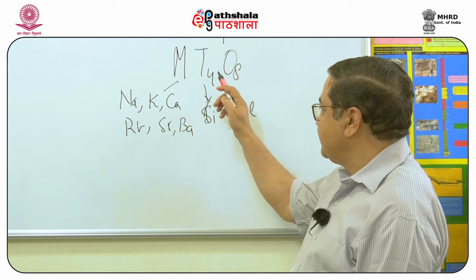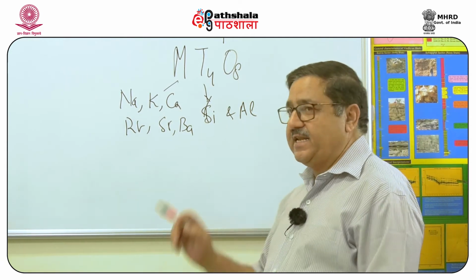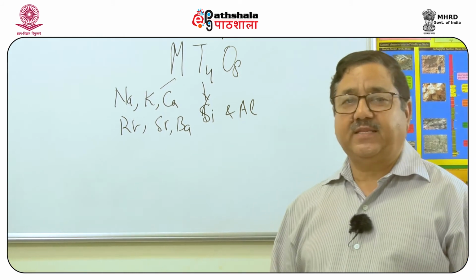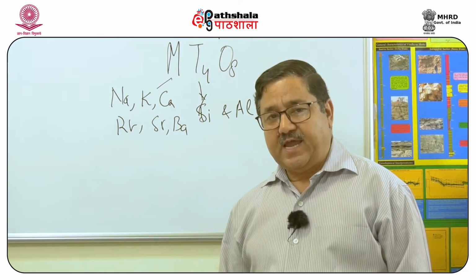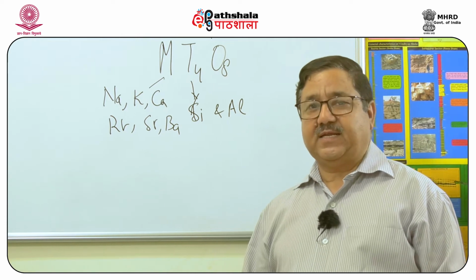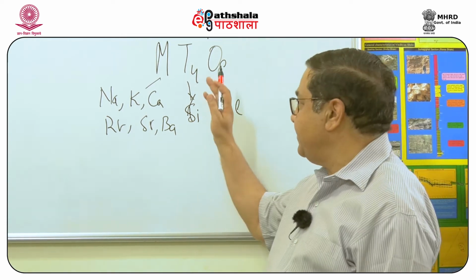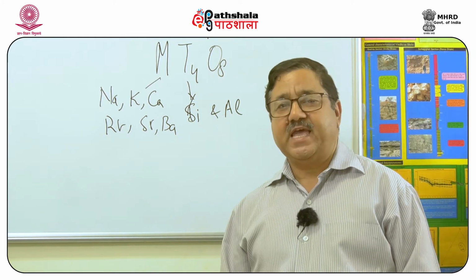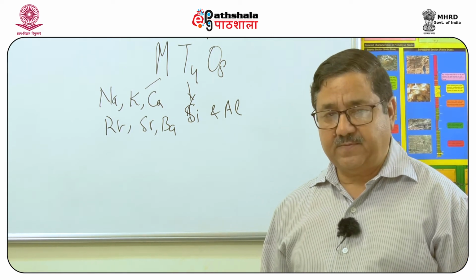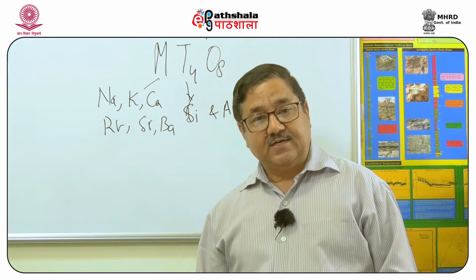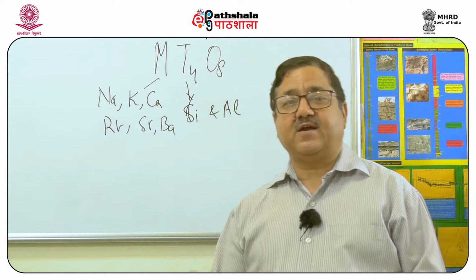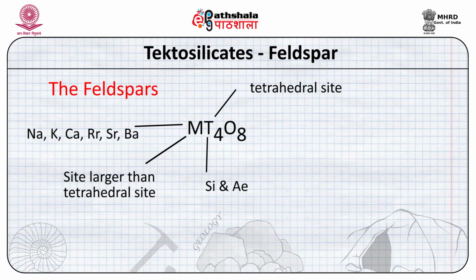Now, it is very interesting to note that both silicon and aluminum can be there in the tetrahedral site, and commonly there is about 25% aluminum in the tetrahedral site on an average and 50% silicon. However, this is very strongly controlled by the way in which the feldspar forms.